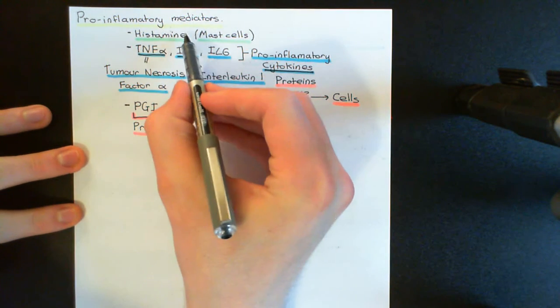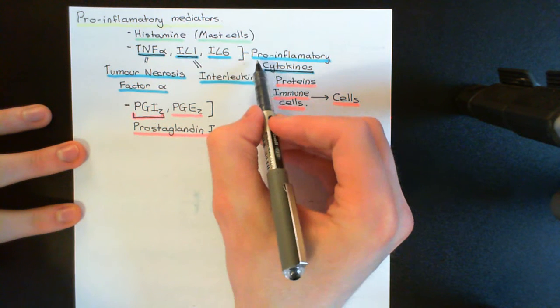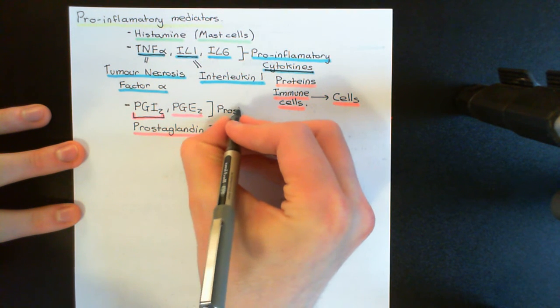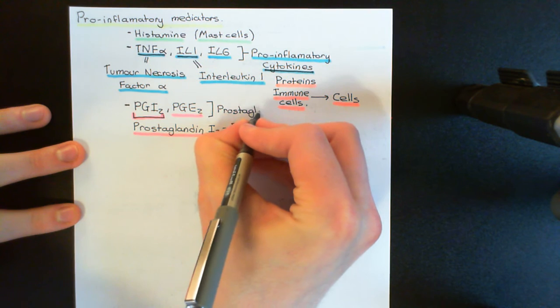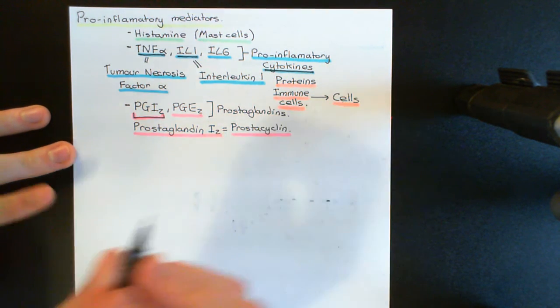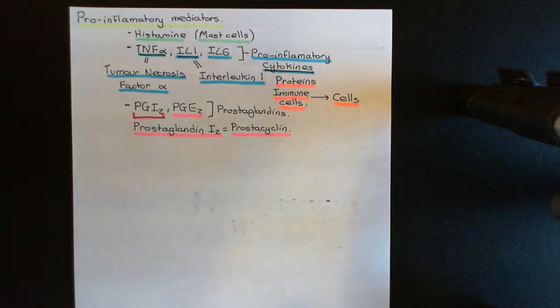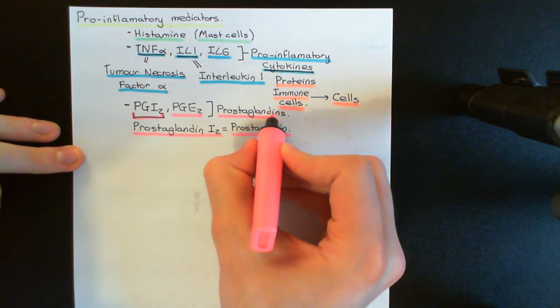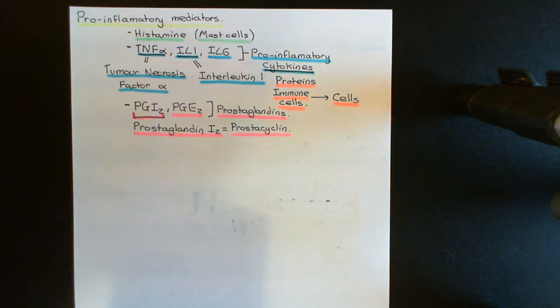So we've got our small molecule mediator, which is histamine, we've got our pro-inflammatory cytokines here, and we've also got our prostaglandins. And this is my complete list of the pro-inflammatory mediators. As I say, if you go on to other sources, you can get much longer lists of the pro-inflammatory mediators released by sentinel cells, but then they don't tell you what the different ones do, so I kind of feel it's hardly worth actually knowing about them in that case.